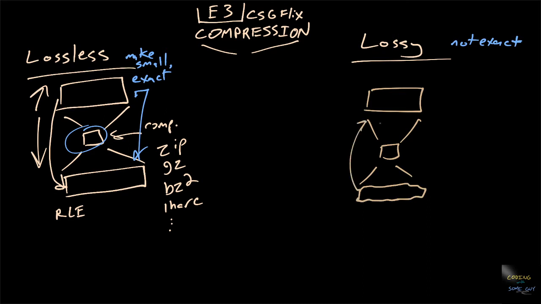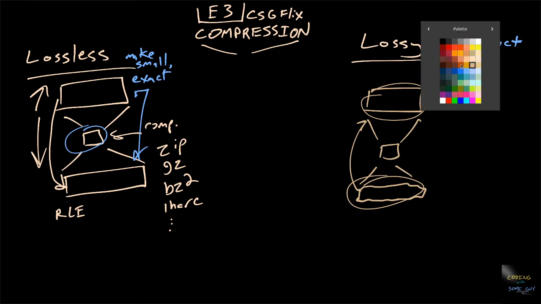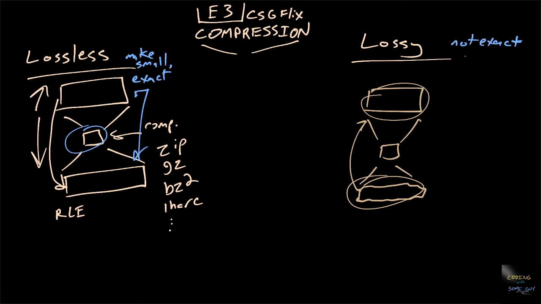So it's not exactly the same as the original, but it should be something fairly close to it. And yes, to Stupak's comments, this is something that's more like a JPEG. So JPEG would fit into this category. We're going to use some LSB tricks that I'm going to go over later, and we're going to cover some stuff in this field. We're going to start with, again, something relatively simple.